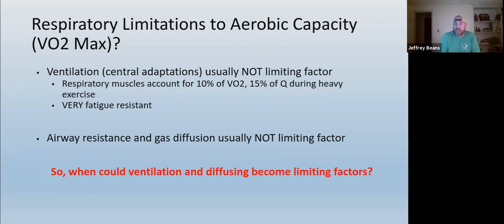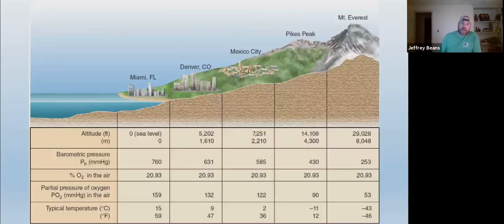So when could ventilation and diffusion become a limiting factor? Well, as I talked about before, we know that the barometric pressure of the air is 760 millimeters of mercury at sea level. But look how drastically things change as you move from Miami to Denver to Mexico City to Pikes Peak at 14,000 feet, and of course at the level of Mount Everest, we're talking about 30,000 feet.